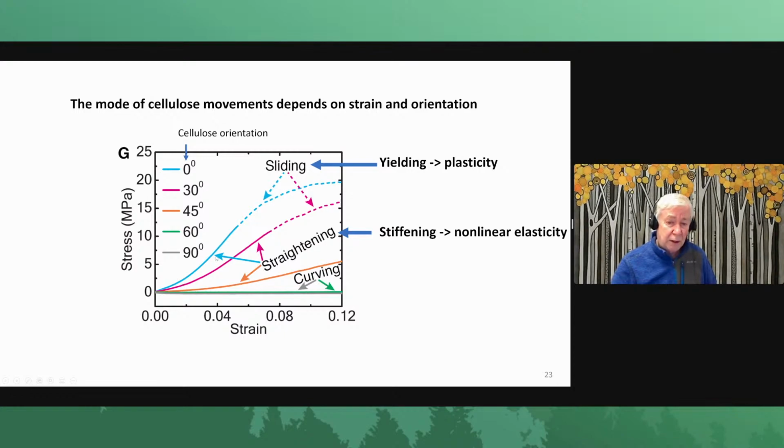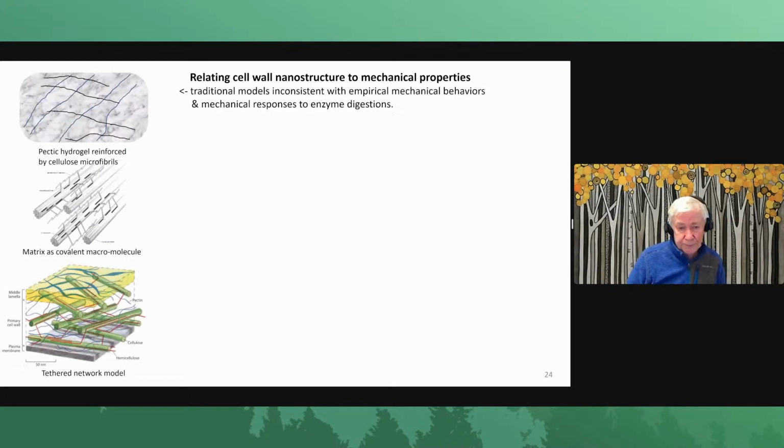You can see a strong nonlinear elastic component, and there's a stiffening reaction, and that's largely where the microfibrils are undergoing straightening. And then at some point, with a yield threshold of empirically the value as shown here, sliding begins, and sliding gets larger and larger, leading to a fall off in the slope of that line. And so that sliding is resulting in plasticity and a type of yielding.